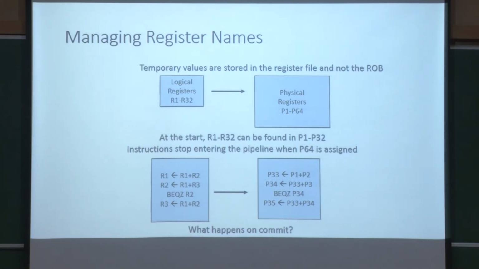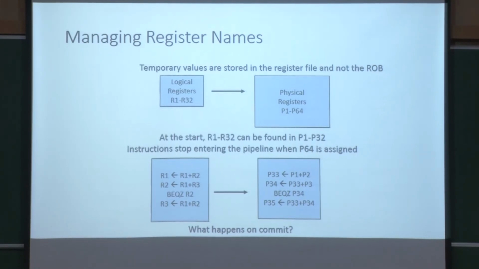So when I rename the previous set of instructions that we saw before, R1 and R2, and the contents were written into T1. In this case, my set of free pool registers, or rename registers, starts from P33 and goes to P64. So I'm going to rename them P1 and P2, because R1 and R2 originally mapped to P1 and P2, and because I need to find a free register to write the contents of this particular operation in, the first free register is P33, and that's where I write my contents, right?